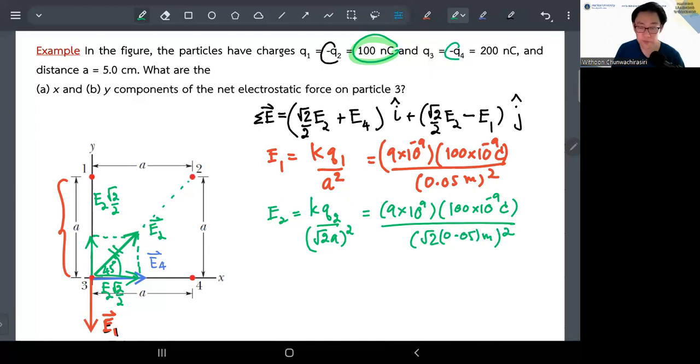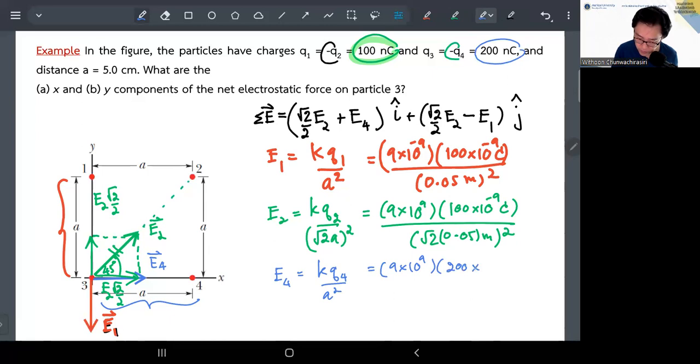Cool? Okay. And then the last one, the E4 magnitude, is K times the charge divided by the separation, which is just a squared. I think you can do the substitution yourself, but over here it is 200 nanocoulomb divided by 0.05 meters squared, and pretty good.